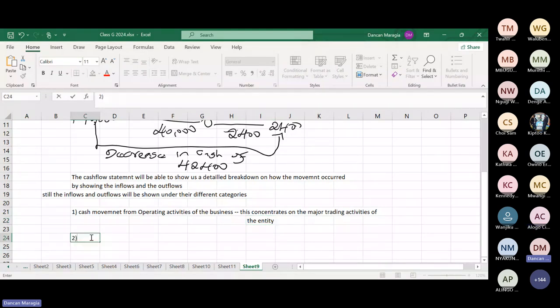Then we'll be able to show cash movement from investing activities.